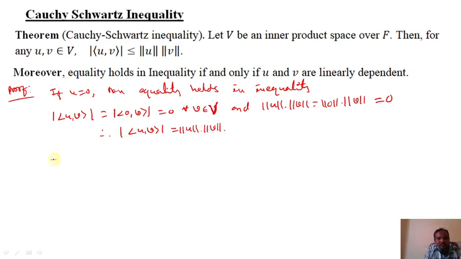Next, suppose u is not equal to 0. Then I am taking ⟨λu + v, λu + v⟩.